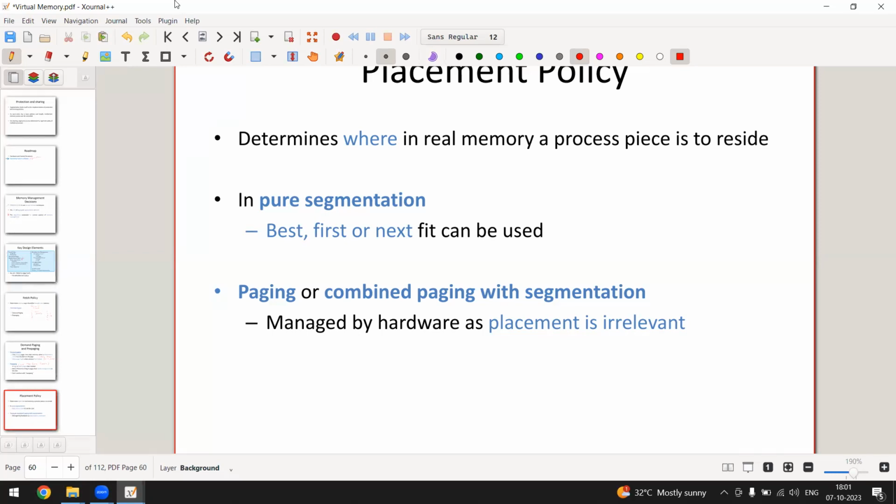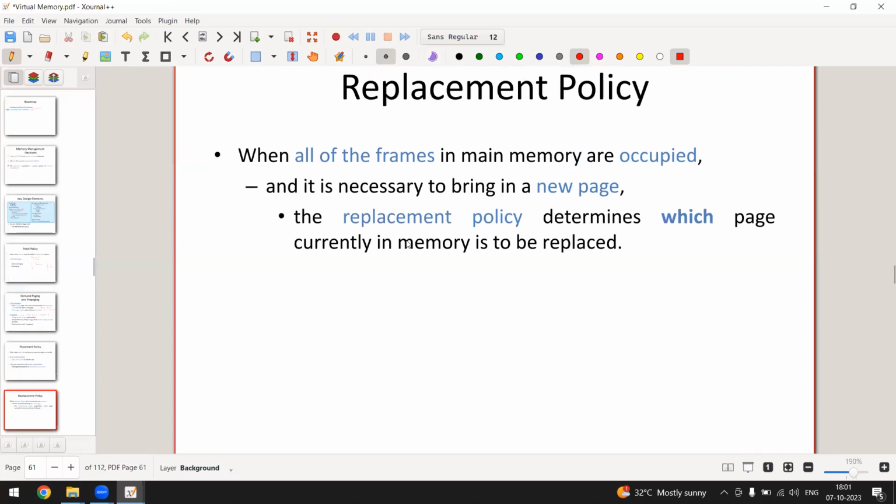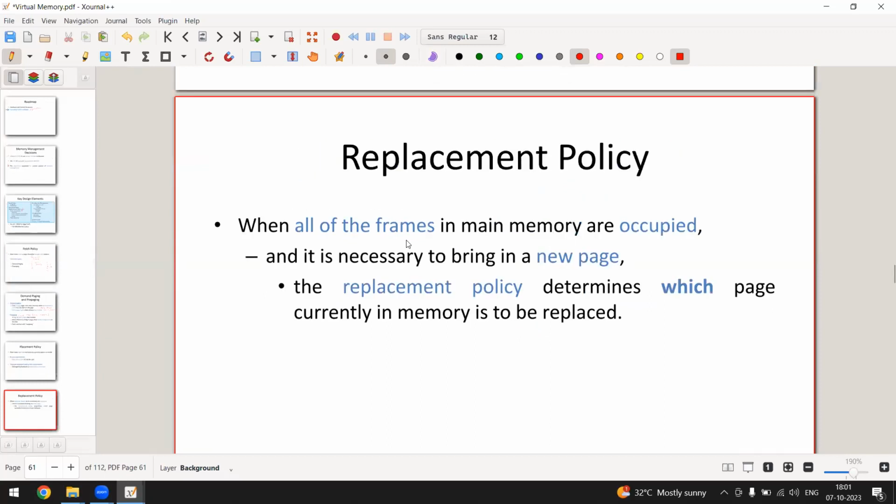After placement policy, we come to a very important concept of replacement policy. So what is replacement policy? As you read from the slides, when all of the frames in the main memory are occupied and it's necessary to bring in a new page, some of the pages from your memory should be replaced, and this is the meaning of page replacement.